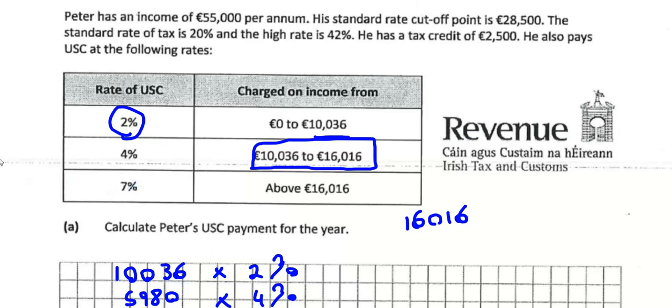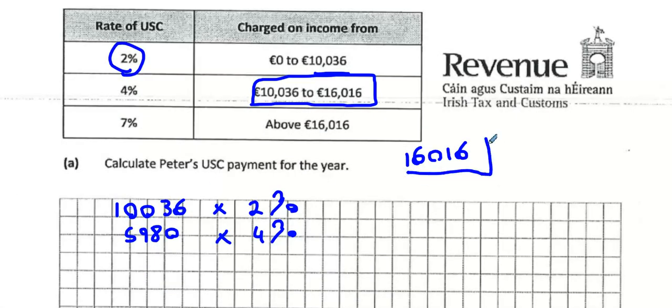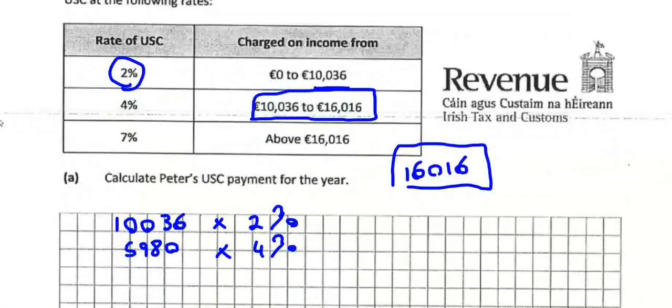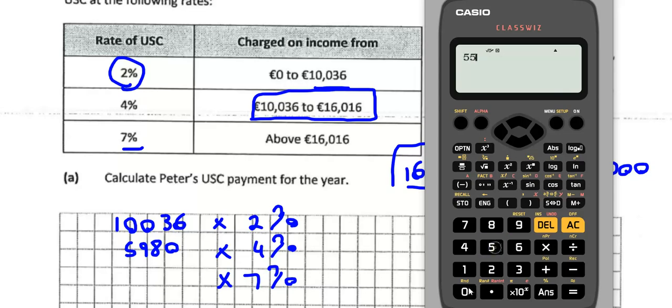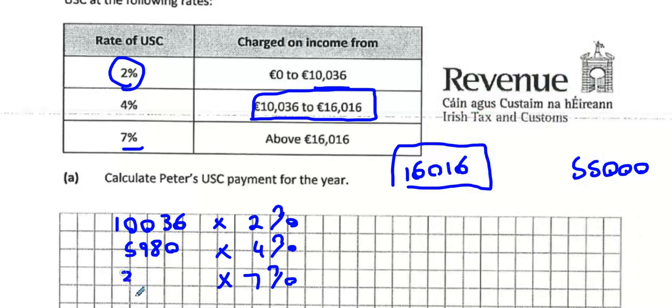Now, once again, if you're currently earning 16,016 and all of a sudden you're on 55 grand, that 55 grand is not getting charged at 7%. It's the amount of money you make over the 16,016 that gets charged at 7%. Is that all right? So we're going to take those two numbers away. You get 38,984.